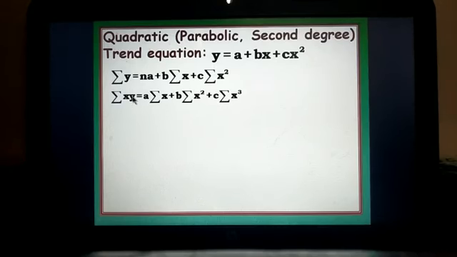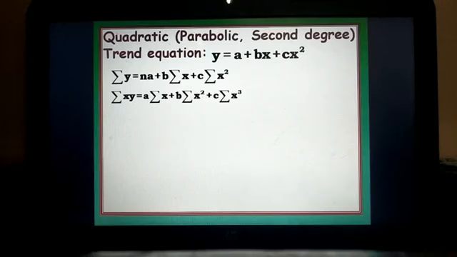That's why summation of xy is equal to a, a constant, keep it outside, summation of x, plus b, keep it outside, summation of x square, since x is already there. Plus c being constant, keep it outside, summation of x applied to x square: x multiplied by x square will become sum of x cube.